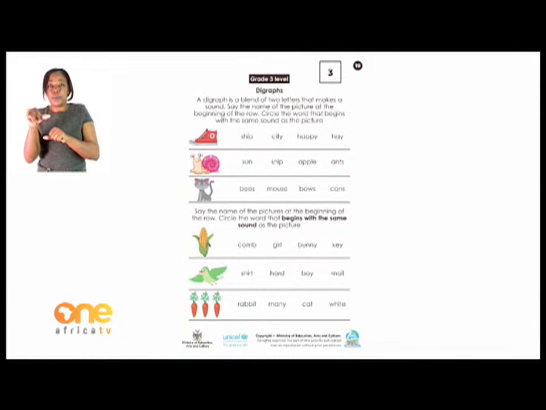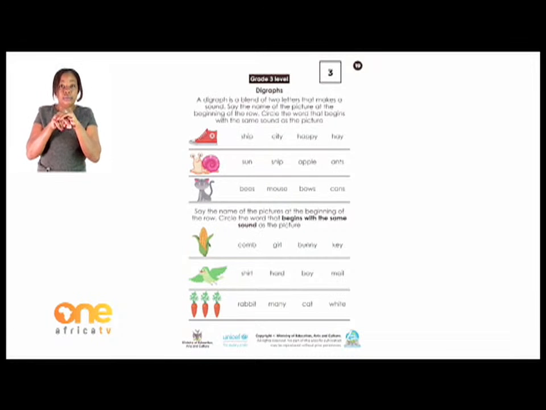They give us a sh. Now, which one there do you think is the word that is having those 2 blending letters together? Number 1 is a sheep, a city, happy, and hay. Which word gives the sound of the picture?